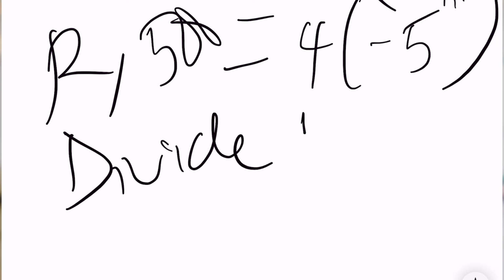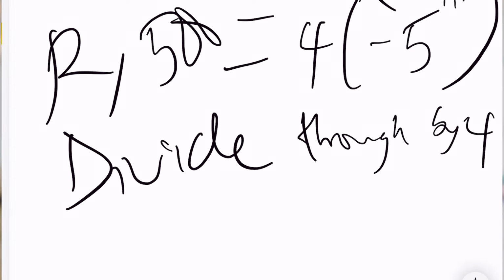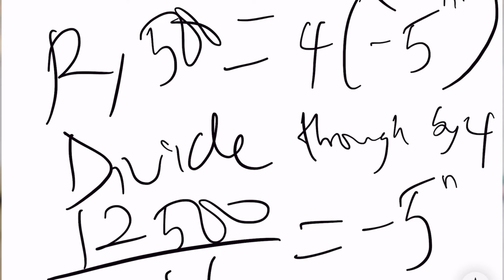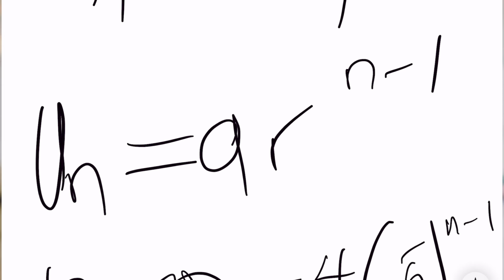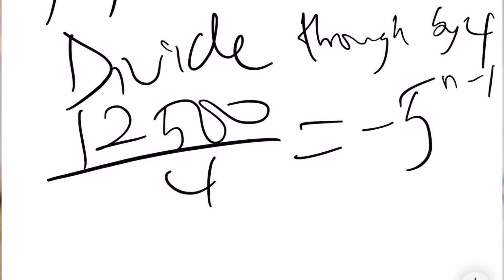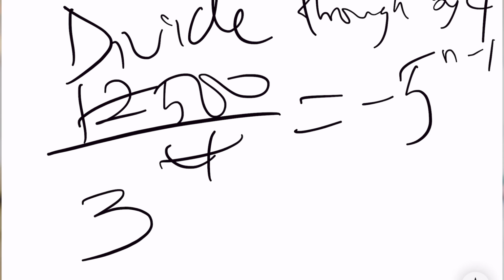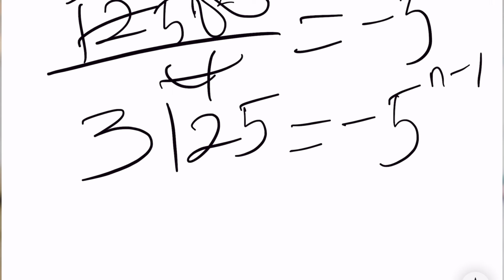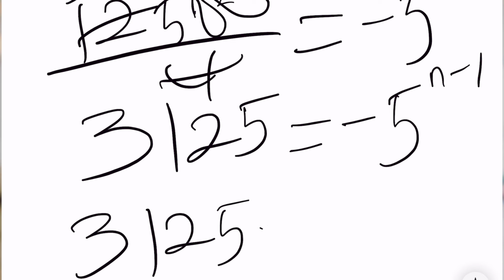So 12,500 divided by 4 equals (minus 5)^(n-1). So 4 into 12,500 is 3,125: 4 in 12 is 3, in 5 is 1, in 10 is 2, and in 20 is 5. So we have 3125 equals (minus 5)^(n-1).